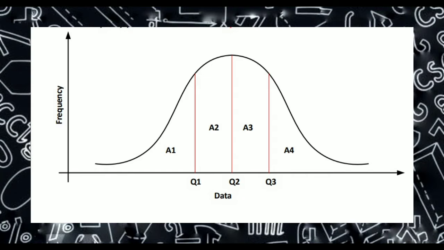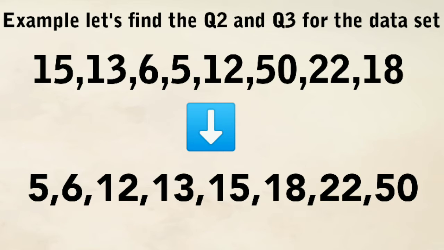And next, what if we will find the median of the data values in quartiles? Example, let's find the Q sub 2, Q sub 3 for the dataset 15, 13, 6, 5, 12, 50, 22, and 18. The first thing we need to do is to arrange the dataset into ascending form.